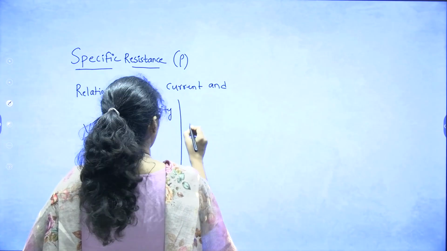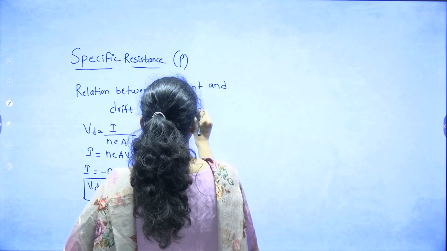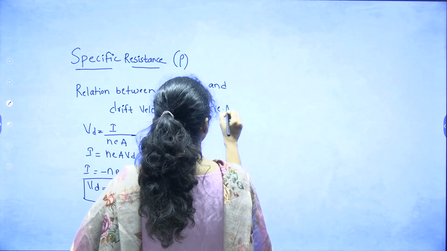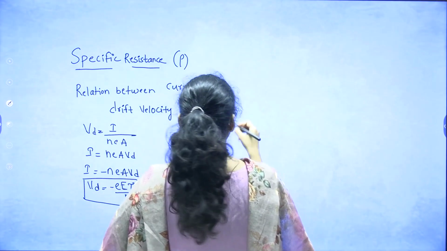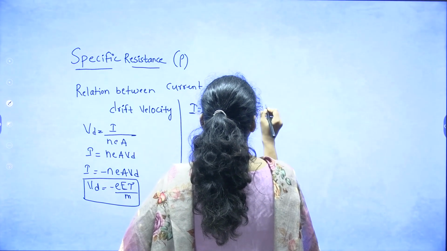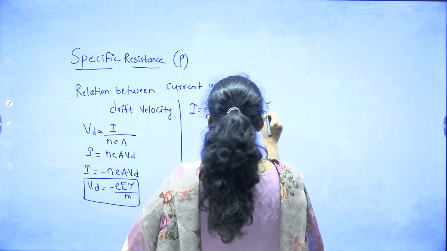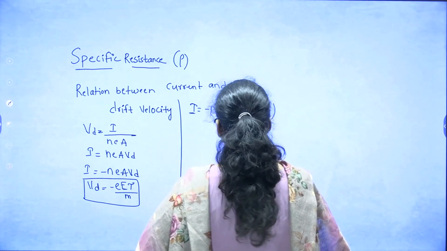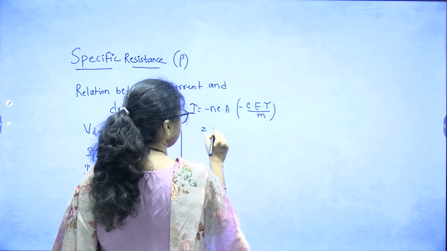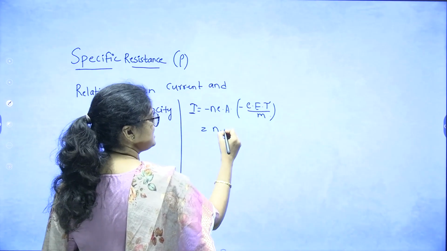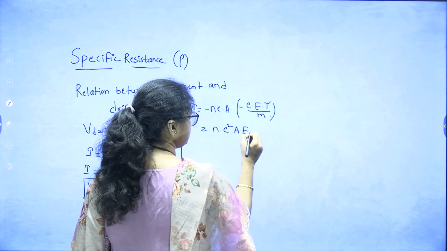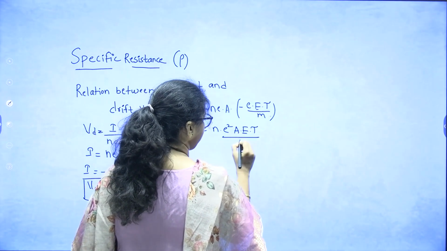So I'll get I is equal to minus NEA into the value of Vd, which is minus E into capital E, the electric field, into tau, the relaxation time, by m. Clear? Minus into minus is plus. Then n into e is e square, with the remaining terms A, E, and tau by m.